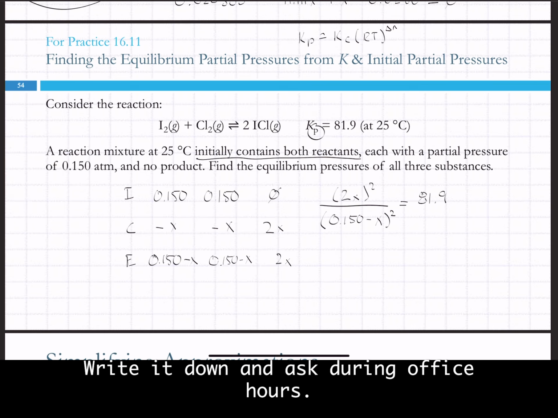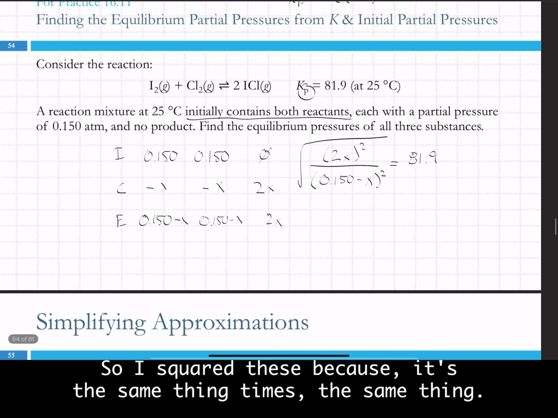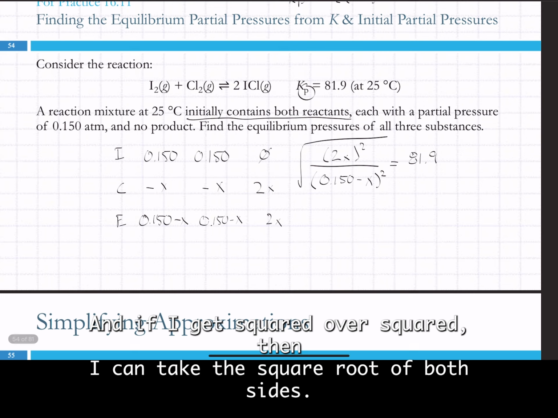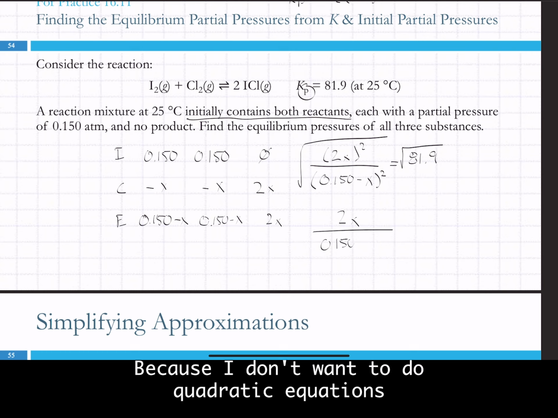Okay, so I squared these because it's the same thing times the same thing, and if I get squared over squared, then I can take the square root of both sides. Because I don't want to do quadratic equations.